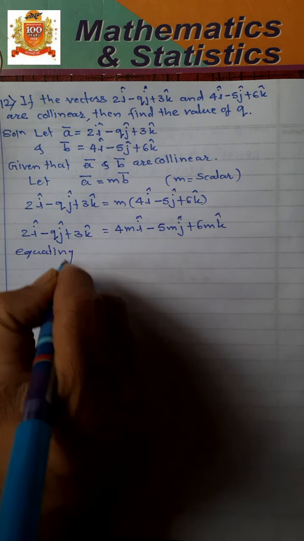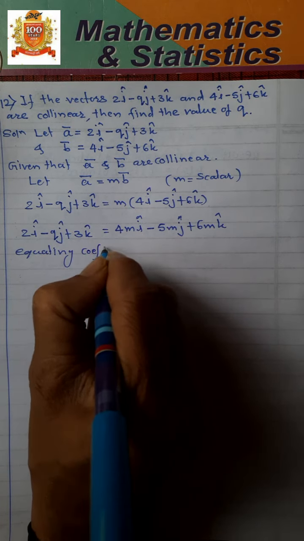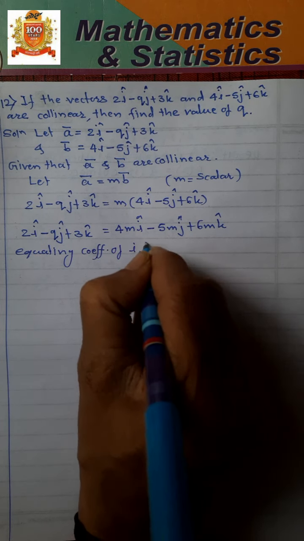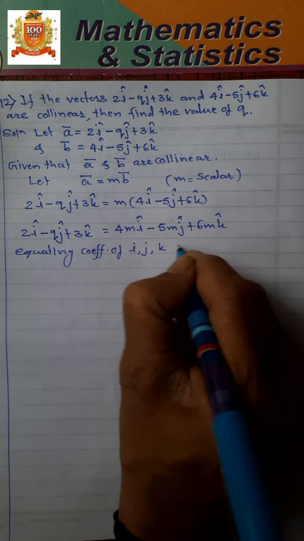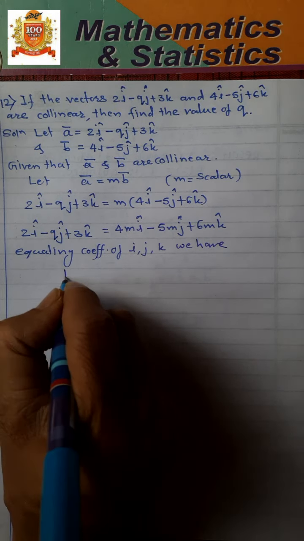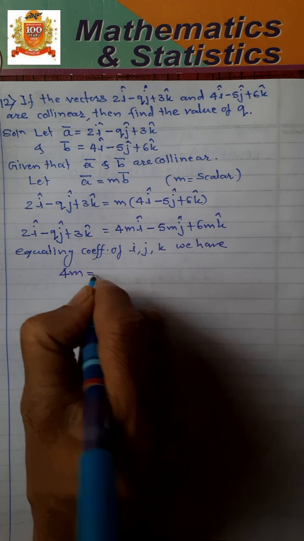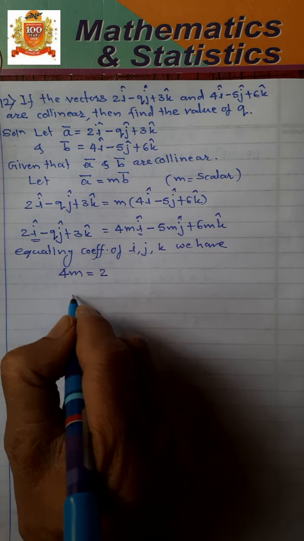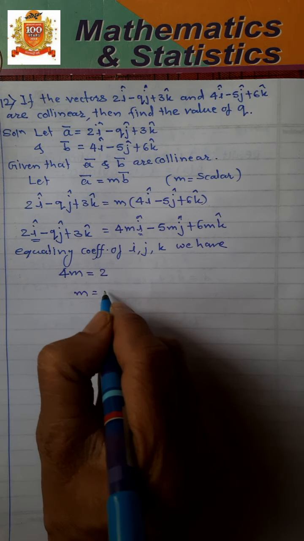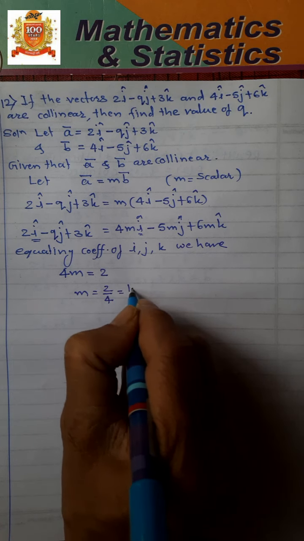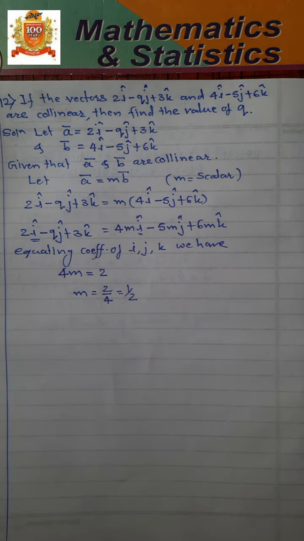Equating coefficient of i, j, k, we have 4m is equal to 2. Therefore, m is equal to 2 by 4, that is equal to 1 by 2.